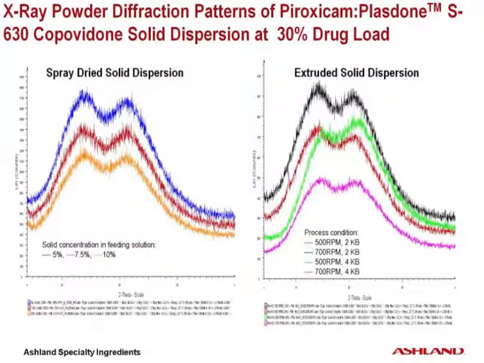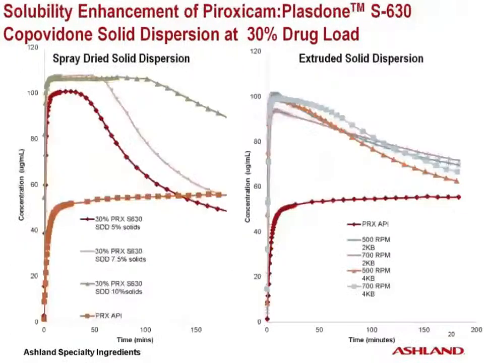It is not hard to understand that at high screw speed and with more kneading blocks, the sample can go through more shear thinning, and therefore this can help to enhance the mixing efficiency. Here are the dissolution profiles of solid dispersions at 30% drug load.